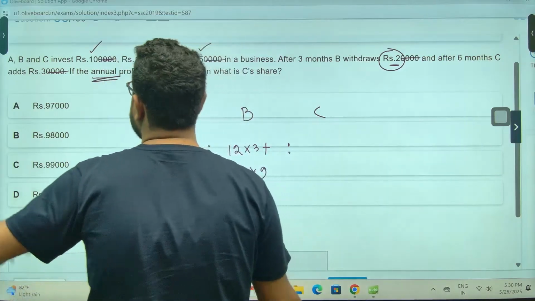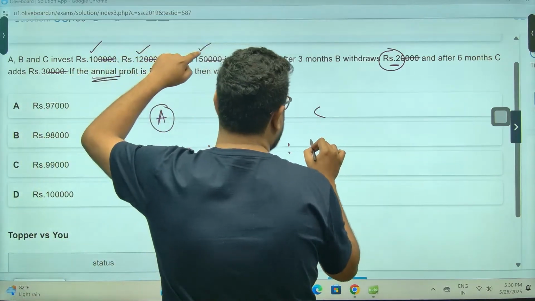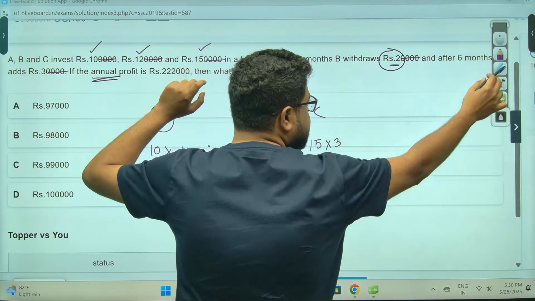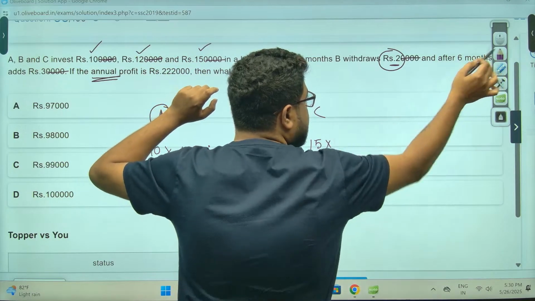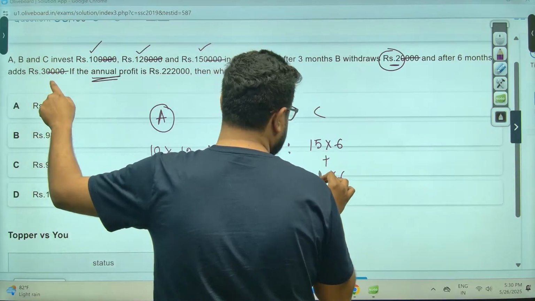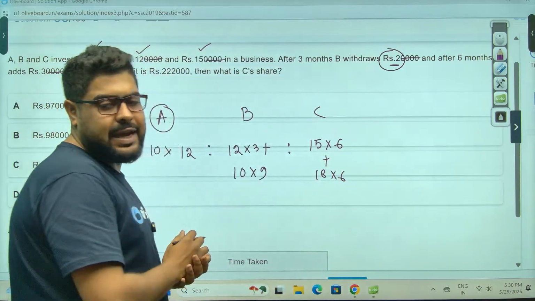After 6 months, C adds 3. So C started with 15 rupees, and his money was there for 6 months. For the next 6 months he added 3 rupees, meaning his capital becomes 18.